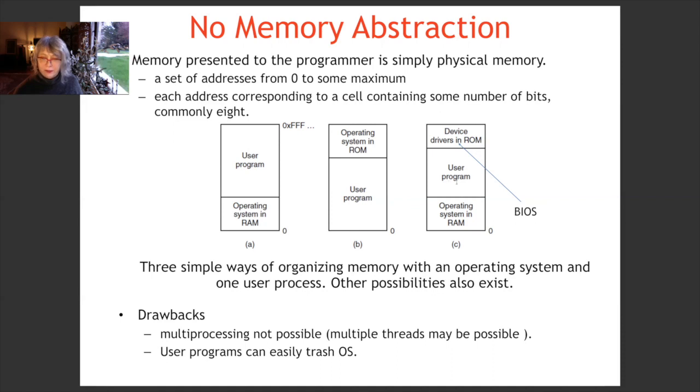And here we have a BIOS, which is the part of the operating system already inside the ROM, read-only memory, which is not volatile. We have the user program here, and the operating system is loaded in the low area of the memory.